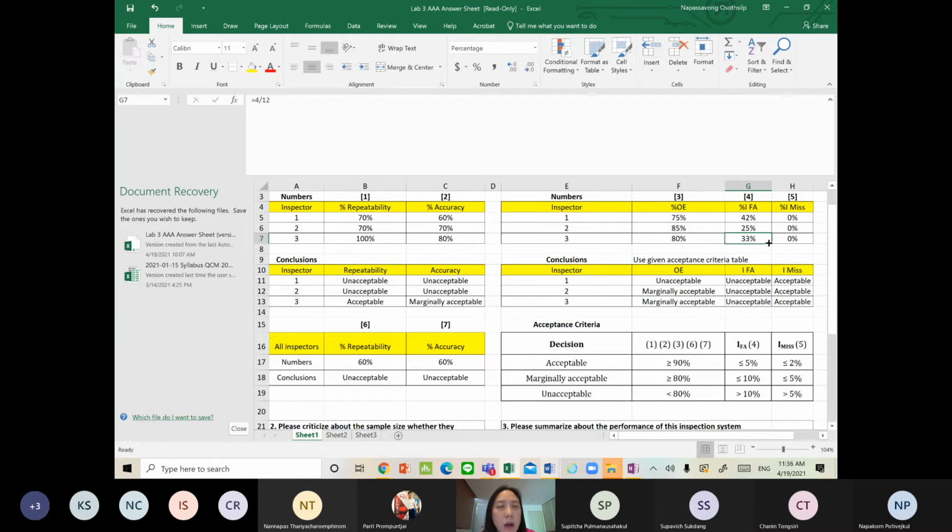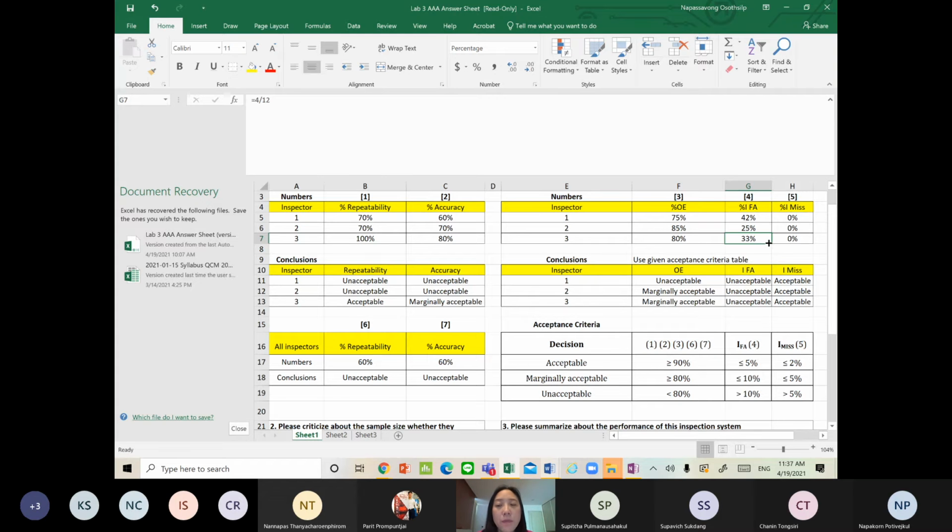And then you have to follow up. You have to do this test, the attribute agreement analysis, again, to make sure that now the numbers of these indicators are acceptable. That is all that you need to do.